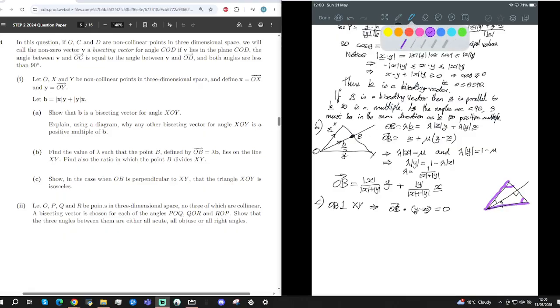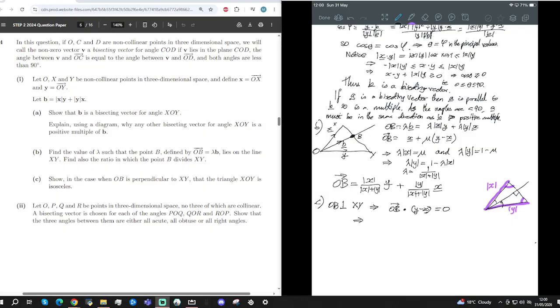So what we're really trying to show is that that side there, mod x, is equal to mod y. So let's see if this dot product condition does indeed imply that mod x is equal to mod y.